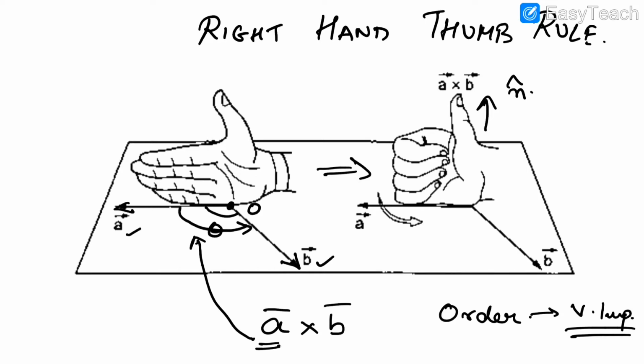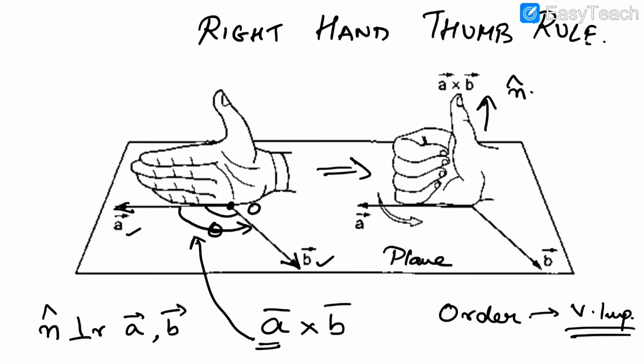The unit vector will be pointing in that direction, and hence A cross B vector will point in the same direction. You can see that this n cap is perpendicular to the plane containing A vector and B vector both, so it is perpendicular to A vector and B vector at the same time.